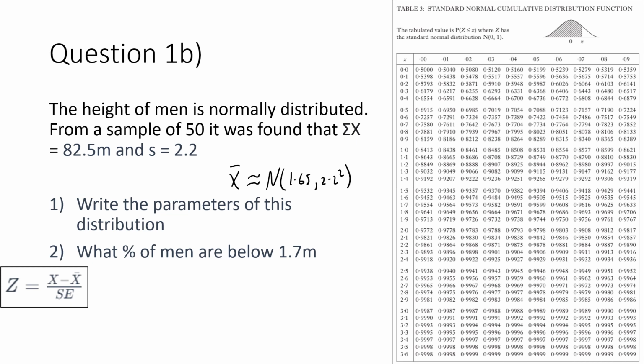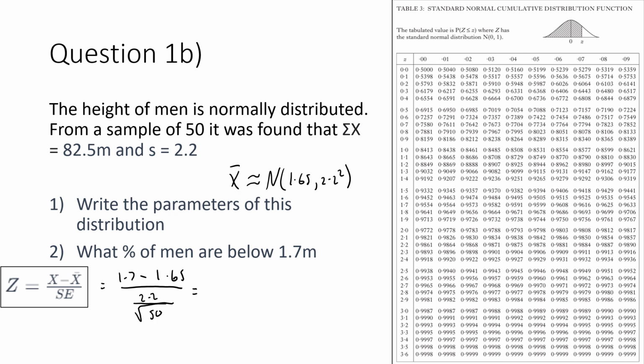And here we use standard error. So we use the formula here on our left hand side, which is we can replace with 1.7 minus 1.65, the average height, over our sample standard deviation, which is 2.2, over root of the sample size, which is 50.